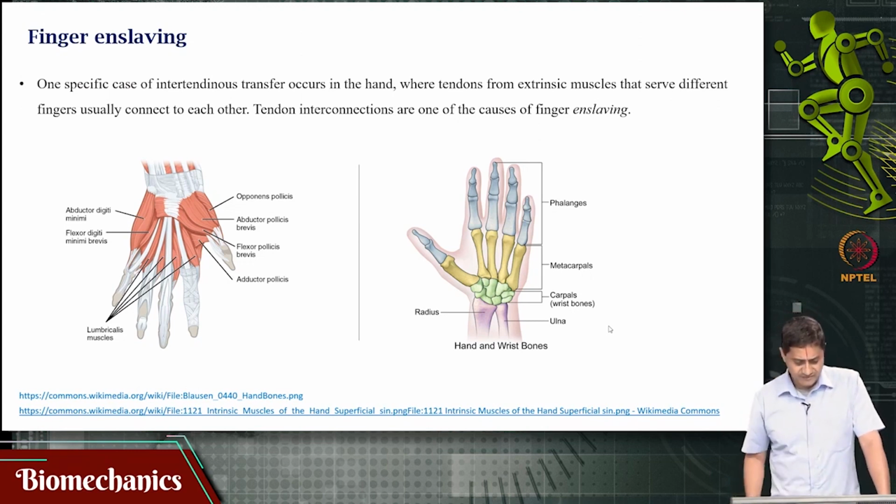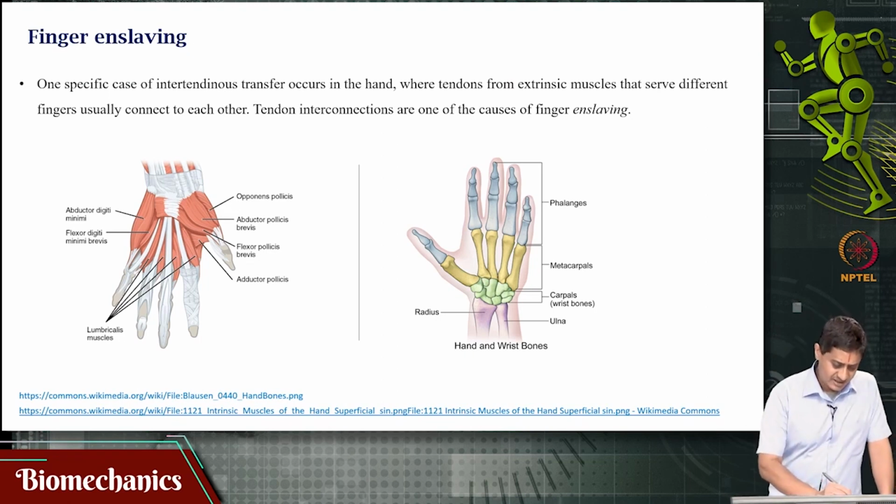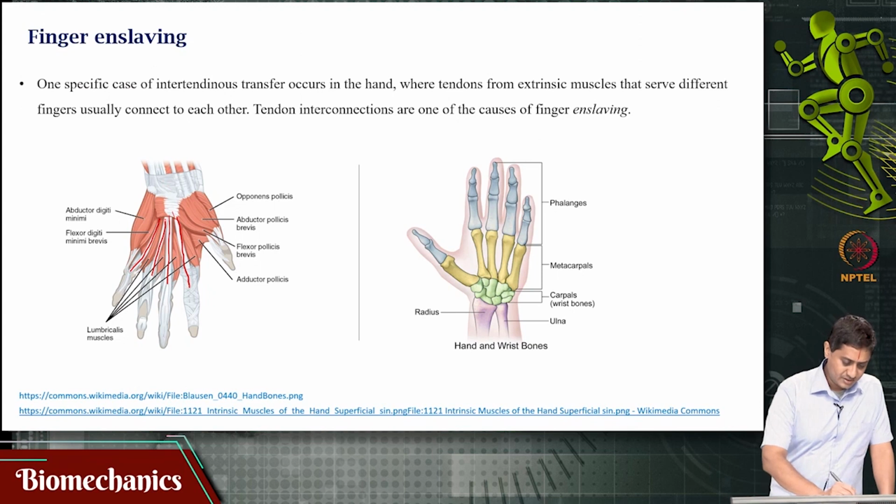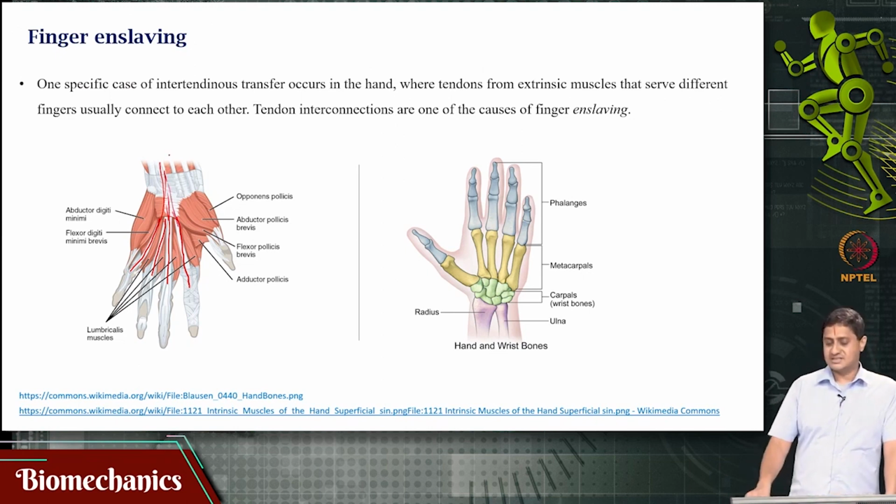So, what you have, for example, in the hand are these tendons, right. For example, these tendons that are supplied here. They are all originating, actually not shown here, that they are going to go through this and through this, through this, right. They are all originating in the same muscle.